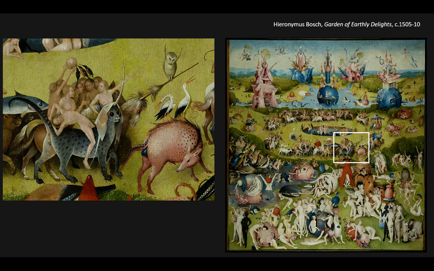And Bosch's presentation of these nude figures is all frolic and fun, all sorts of goofy acrobatics, coupled by the fact that they ride these different animals, some of them rather cute, like our cat unicorn, some of them kind of Dr. Seuss-like as well.